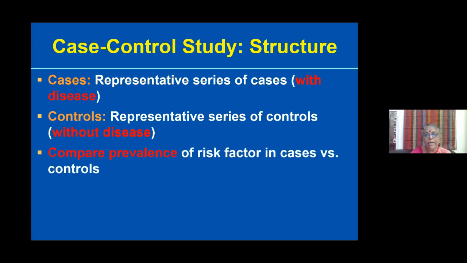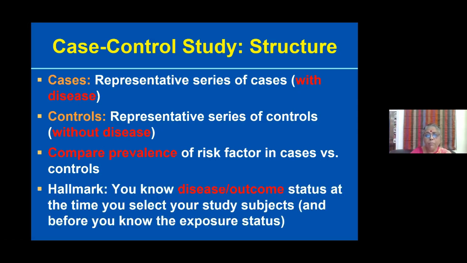And then you go back in time and you compare the prevalence of risk factor in the cases versus the controls. Now the hallmark is the disease outcome status at the time you select your study subjects and before you know the exposure status. So you have to always remember that you have to start with the disease or the outcome and go back and see the exposure.